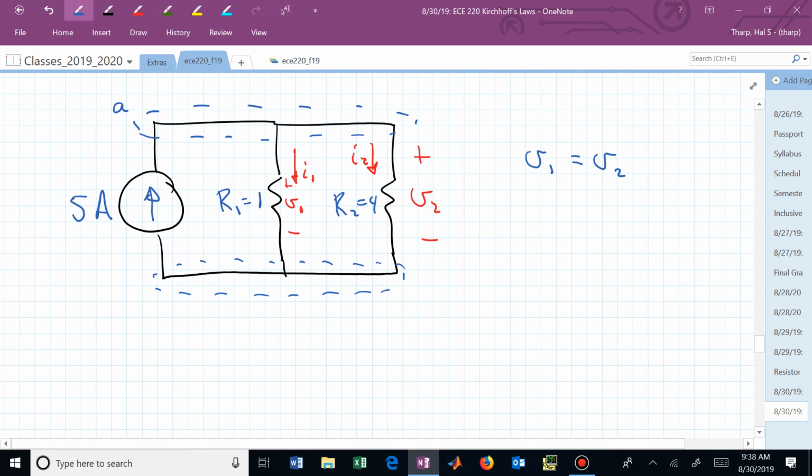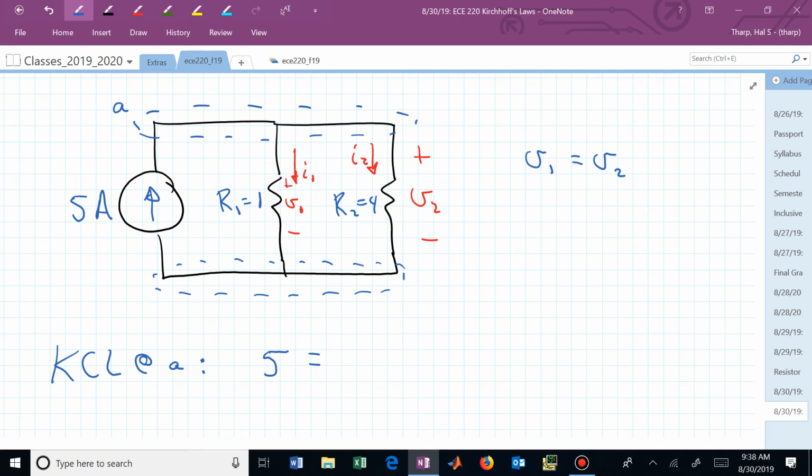KCL at A. What does that look like? What's KCL at A? We could say currents in equal currents out.